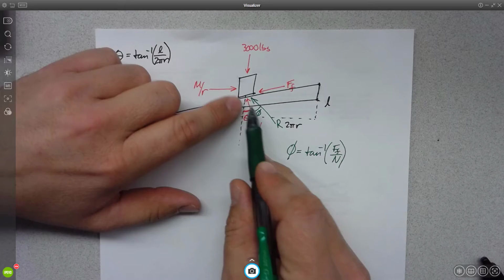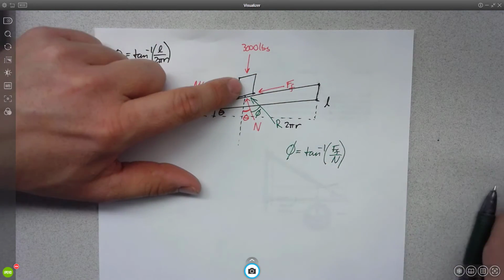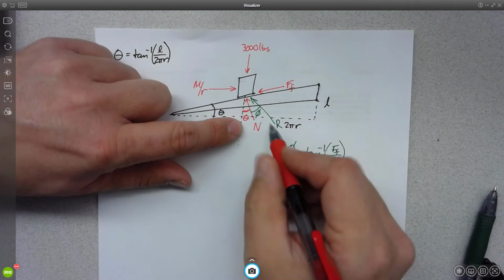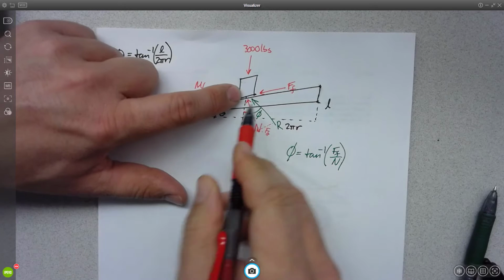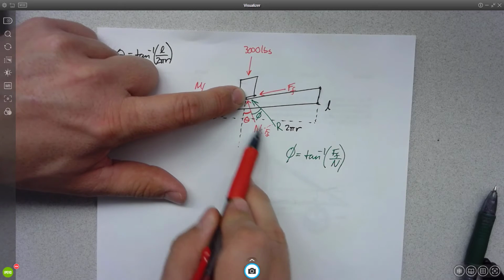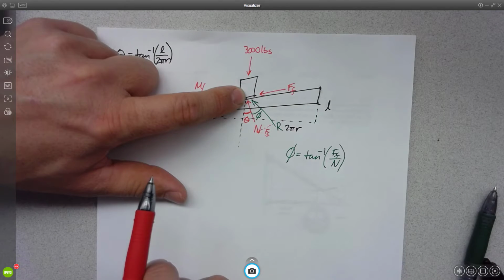Because the resultant here is a combination of the force of friction and the normal, right? So to add these together, I would move the force of friction down here. And now we could see the tangent would be the force of friction over the normal. That'd give me the angle phi.